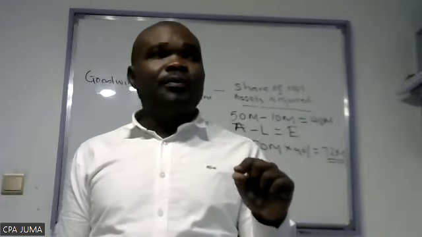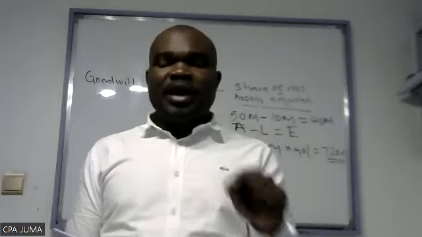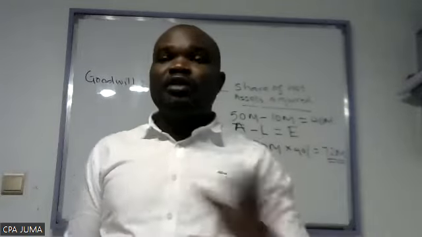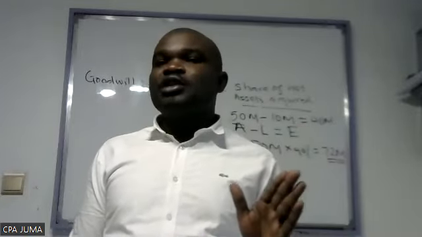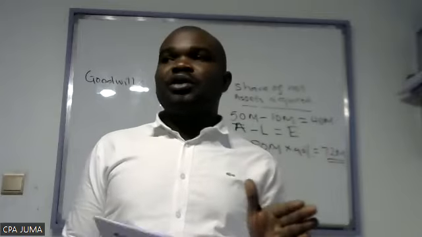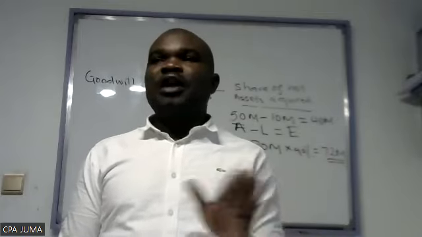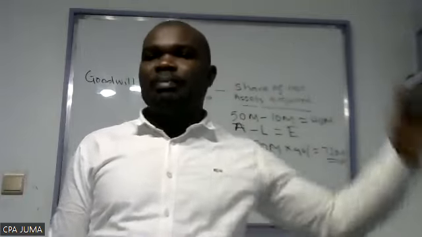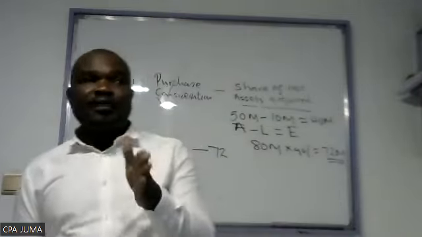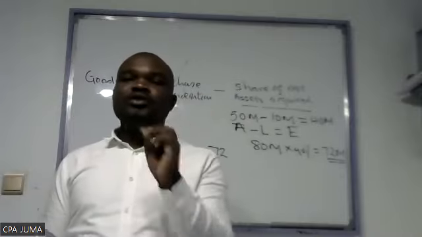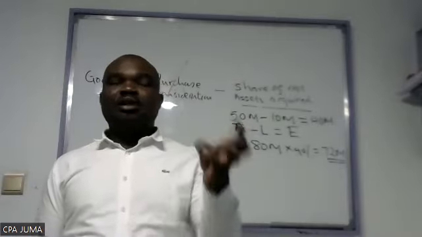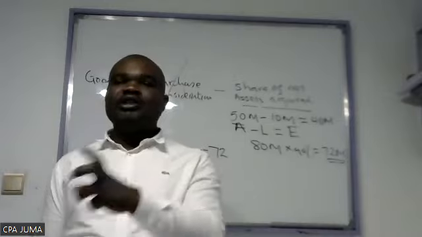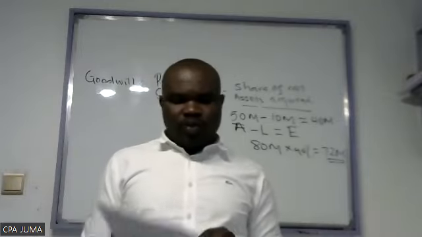So to know when to use partial, there is no mentioning of fair value anywhere of minority on date of acquisition. Then you only compute goodwill for parent. When they mention fair value of NCI, then you use full. Full means calculate for parent, calculate for minority, then you combine the two.